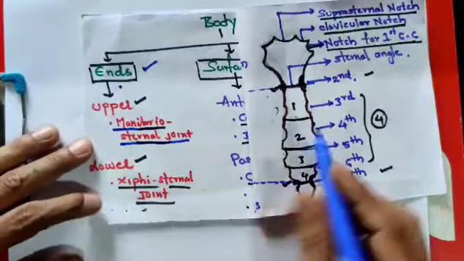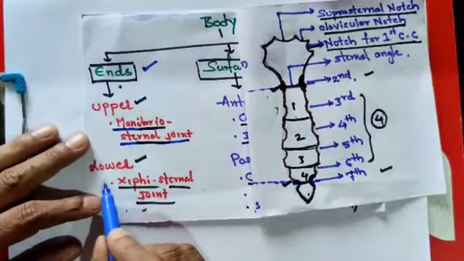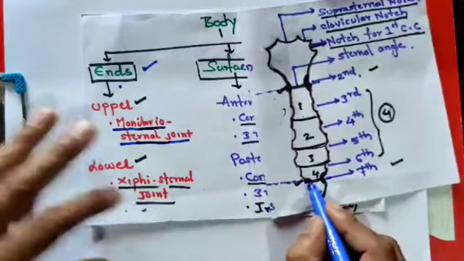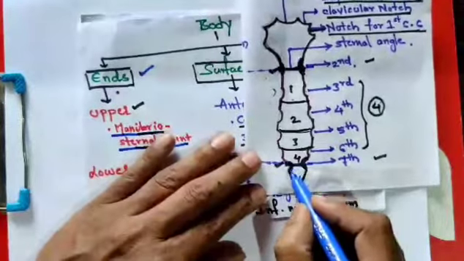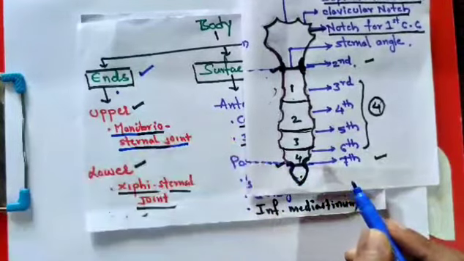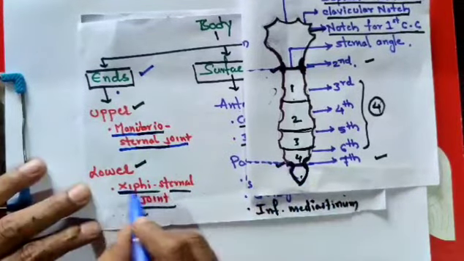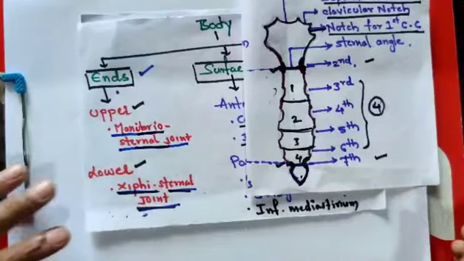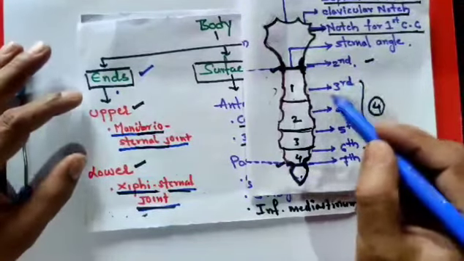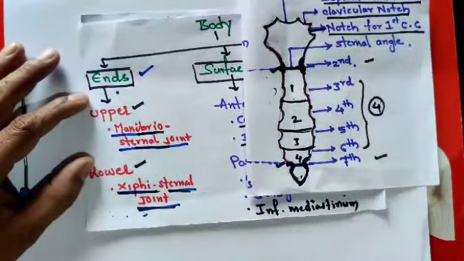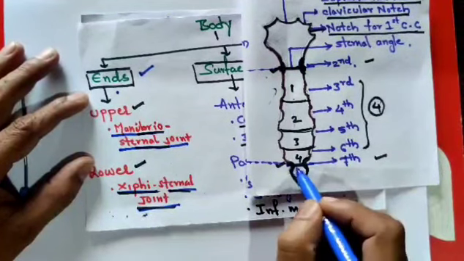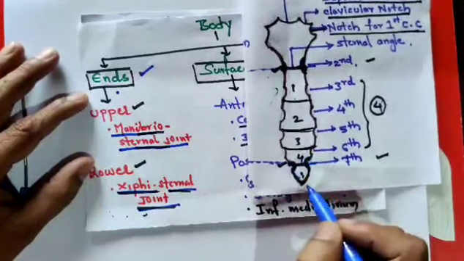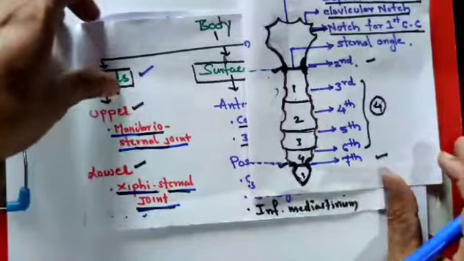And next, the lower end of the sternum is articulating with the xiphoid process and forms a joint. That joint is known as the xiphisternal joint. So the upper end is involved in the formation of the manubriosternal joint and the lower end is involved in the formation of the xiphisternal joint. And next we are going to discuss the surfaces.